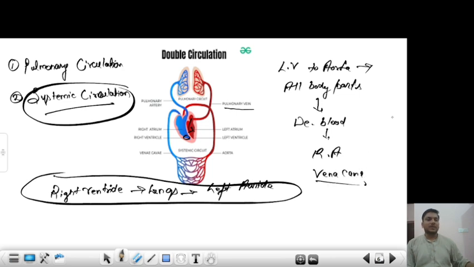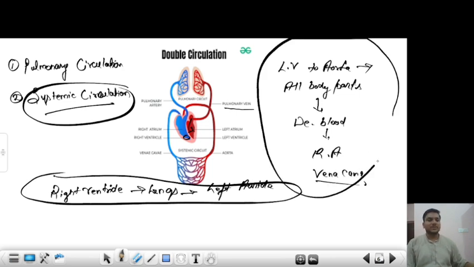So this is all about systemic circulation. Basically, double circulation is divided into two major parts, pulmonary circulation and systemic circulation. So this is all about the basic concept of the different parts of the heart as well as arteries.